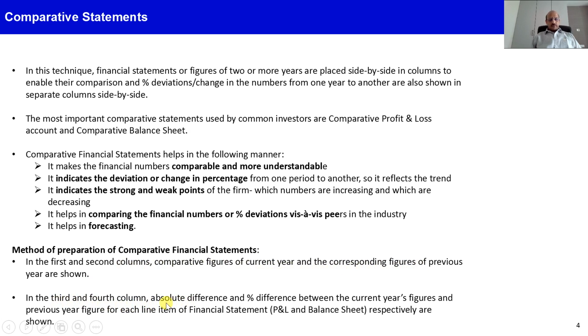The third column shows the absolute difference, and the fourth column shows the percentage difference between the current year and the previous year's numbers for each line item of the financial statements. Whatever financial statements we prepare, P&L and balance sheet, for each line item, the percentage deviation as well as absolute change with respect to previous years is shown in column fourth and column third respectively.